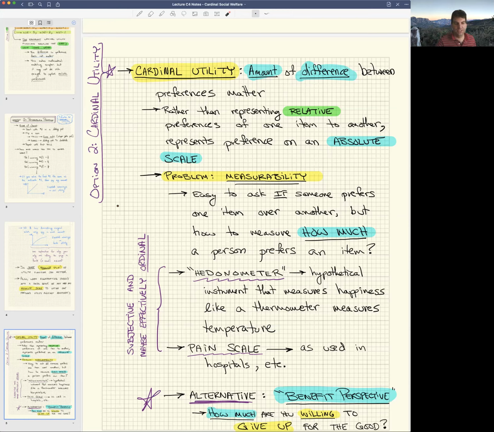The problem with cardinal utility is measurability. It's much easier for me to ask you, do you prefer apples to oranges? But it is more difficult for me to say, on a scale of 1 to 10, how much do you prefer apples? And on a scale of 1 to 10, how much do you prefer oranges? If I don't ask you those two questions together, I might get inconsistent rankings.